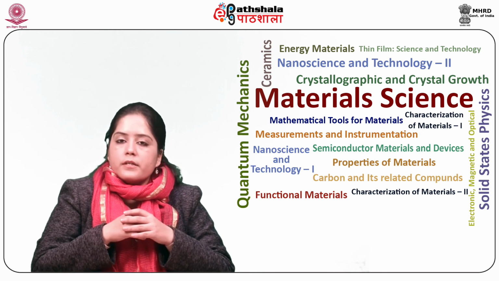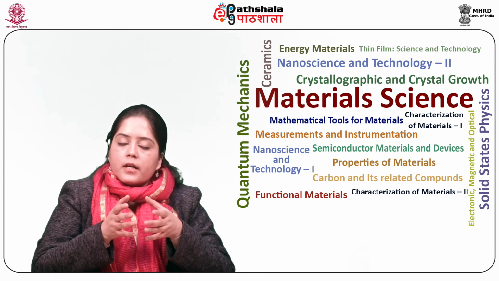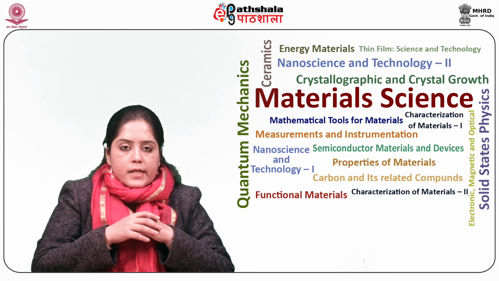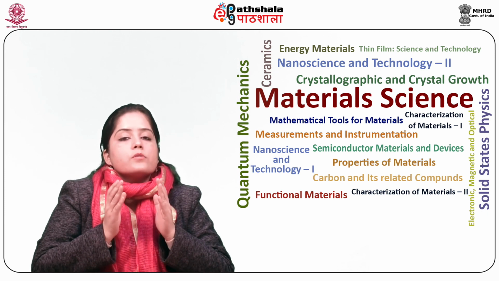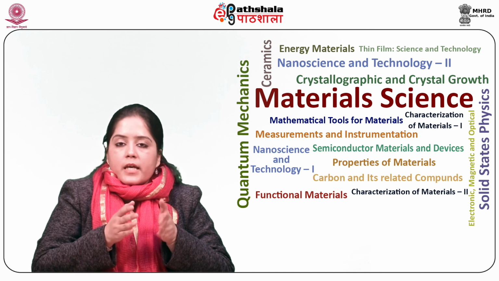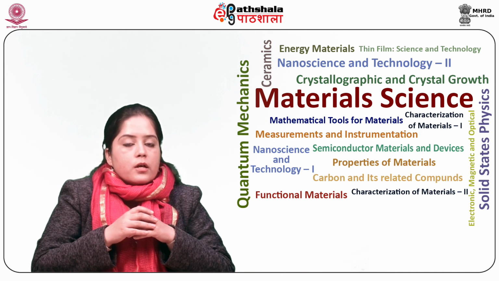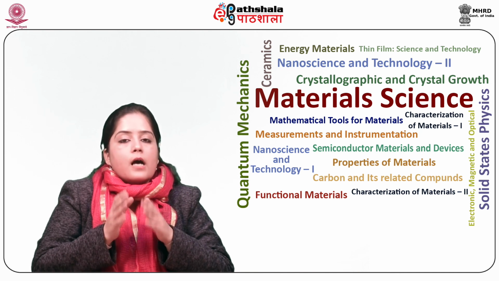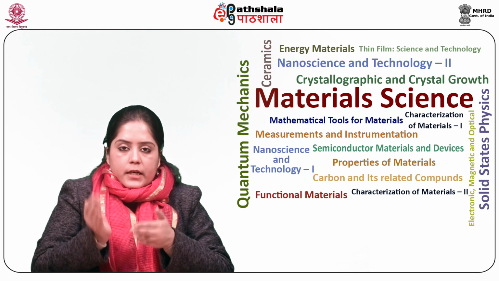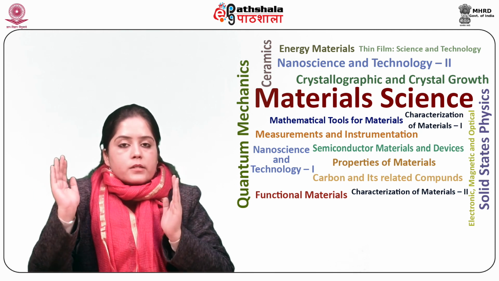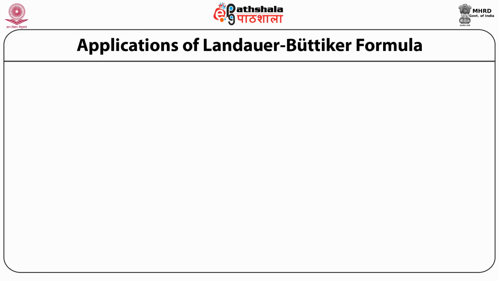It can also be written in terms of the square conductance matrix, whose dimension is given by the number of leads, that is, In equal to summation over n of Gmn Vn, where Gmn equal to 2e square by h cut multiplied by the bracket Nm minus Rm multiplied by delta Mn minus Tmn. Let us now discuss the applications of the Landauer-Büttiker formula.